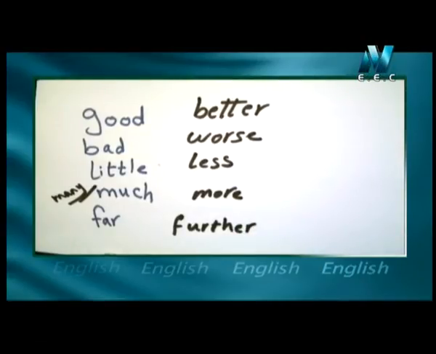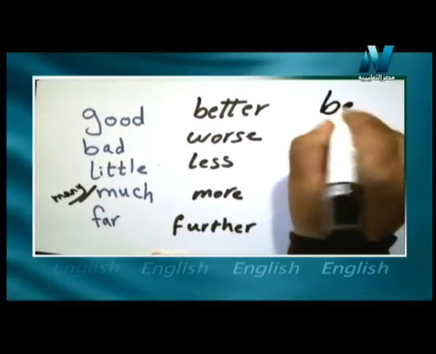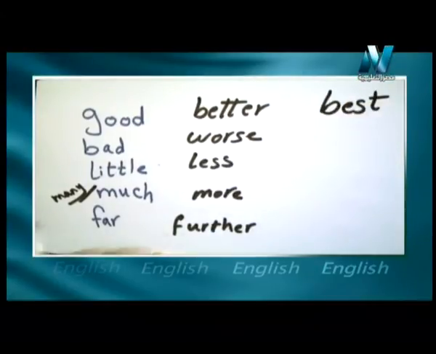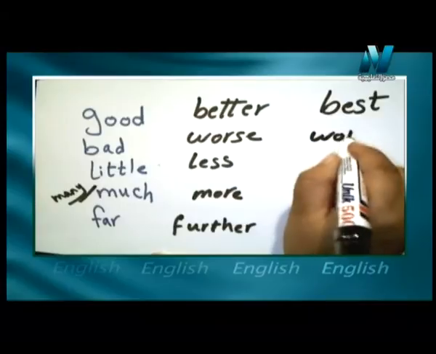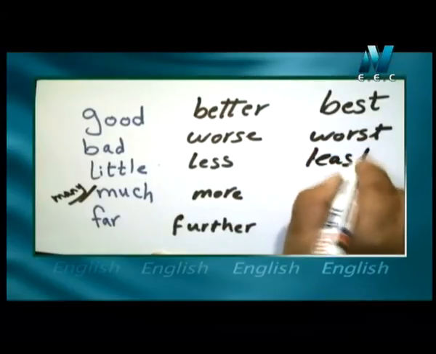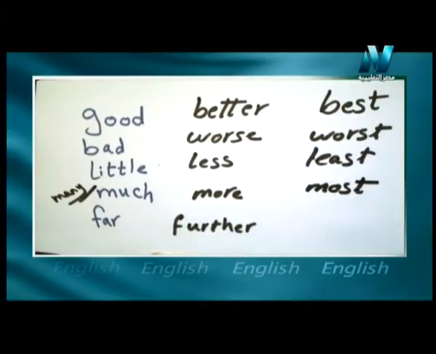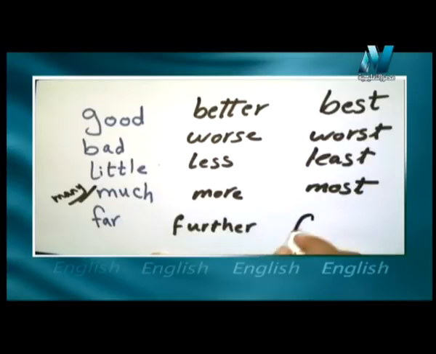In the superlative form, good is going to be best, bad, worst, little, least, much, most, and far is going to be furthest.